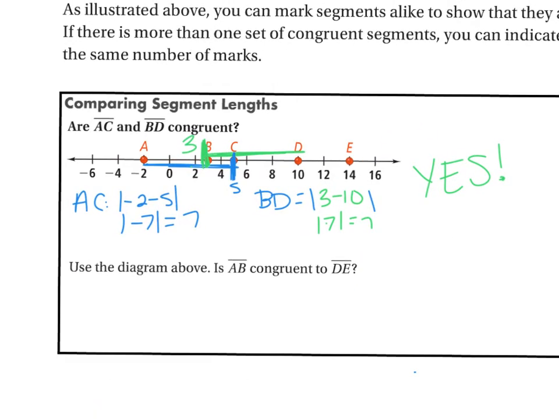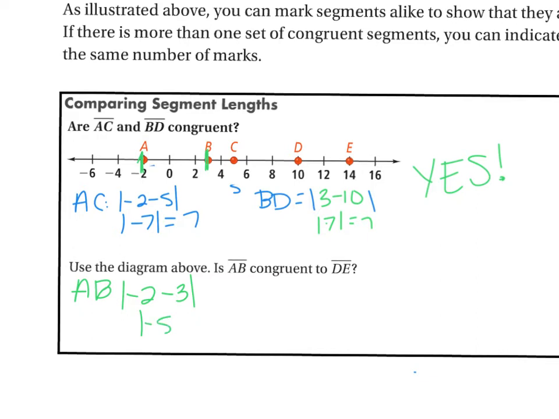All right, and the diagram above: is AB congruent to DE? One handy thing about writing on the iPad is you can erase stuff fairly easily. So it says AB, so A to B. AB is going to be the absolute value of -2 minus 3.